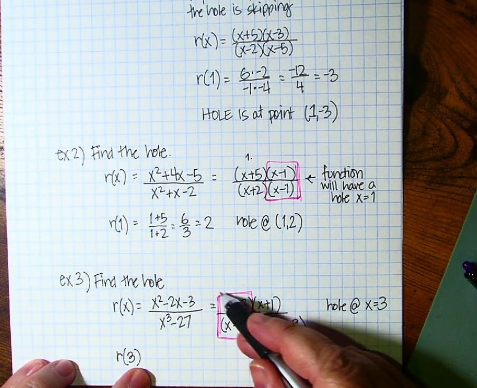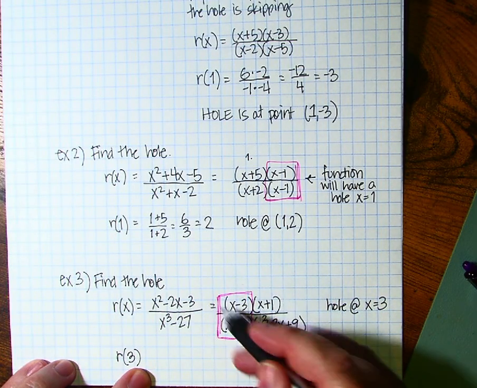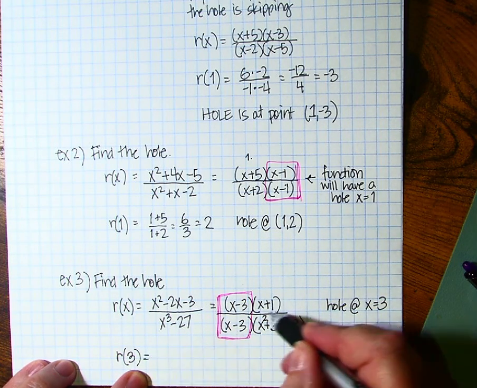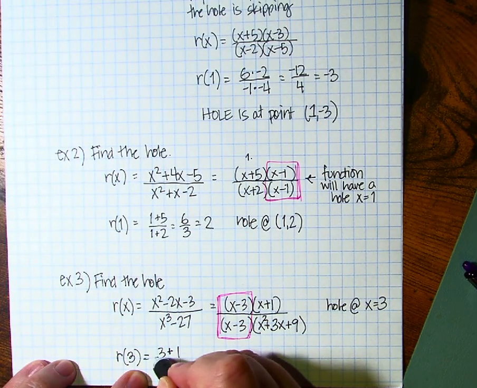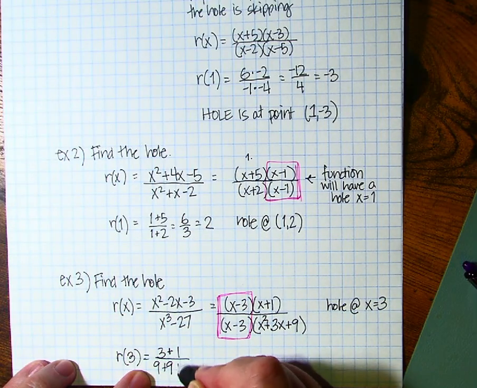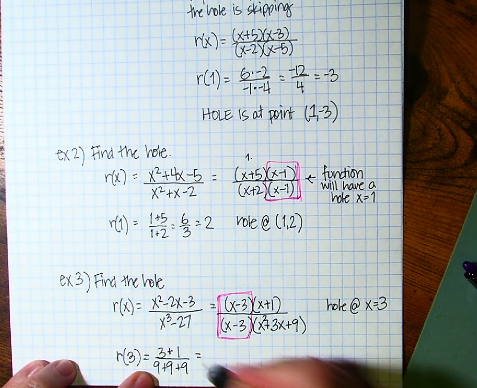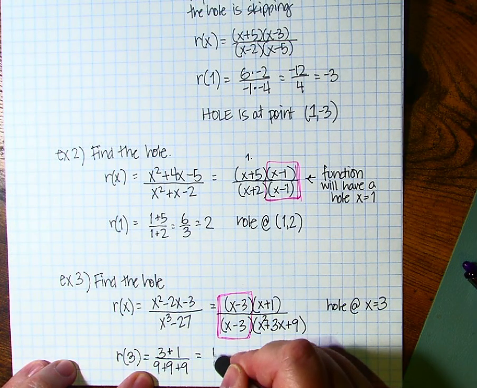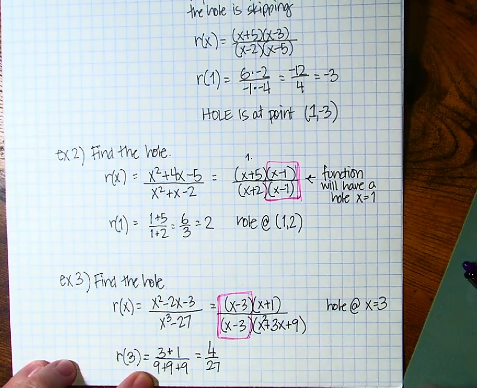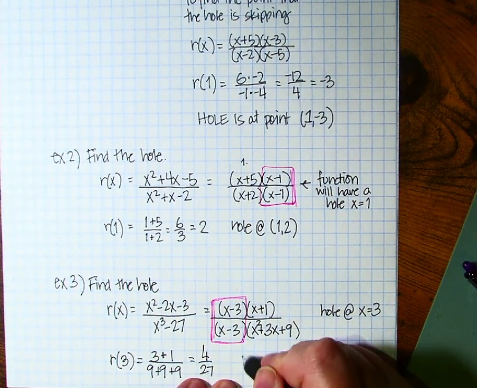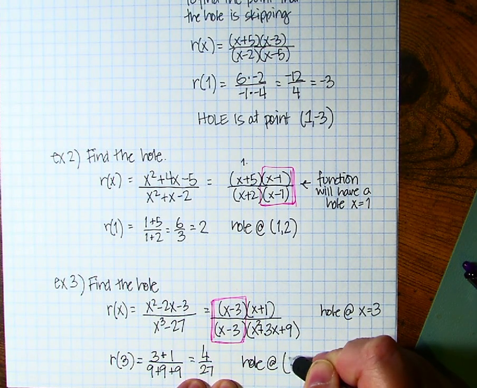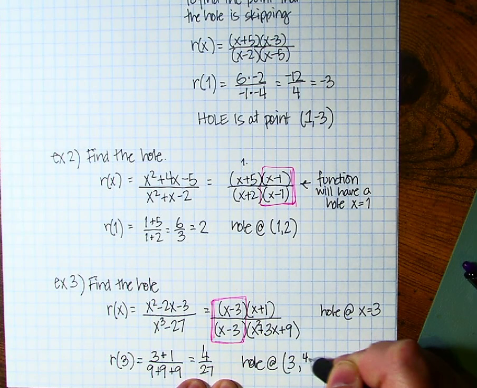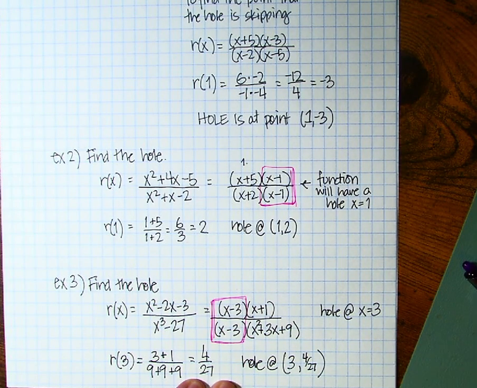We'll cancel through those two, and we'll put 3 in for the remaining. 3 plus 1 over 9 plus 9 plus 9. So that's going to be 4/27. So my hole is at the point 3 and 4/27 for the y.